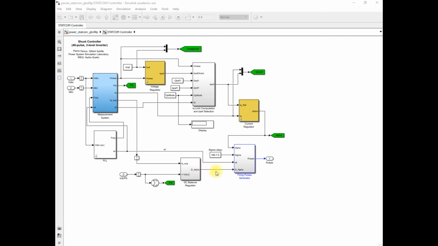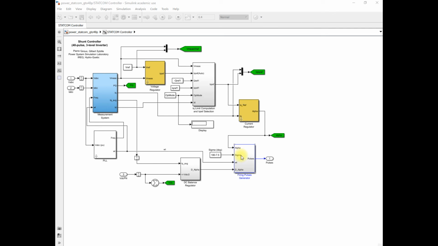This D alpha is provided as an input to the firing pulse generator. Based on that, the output voltage of the voltage source converter creates the phase angle difference between the power system voltage and the output voltage of this VSC. So based on the requirement, the real power flows from the power system to the STATCOM, to maintain the DC link bus voltage at the required value.